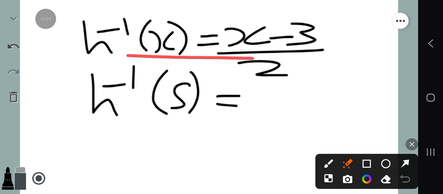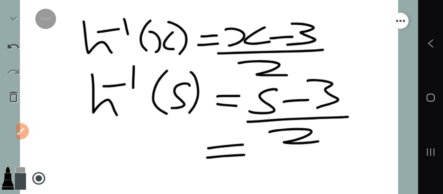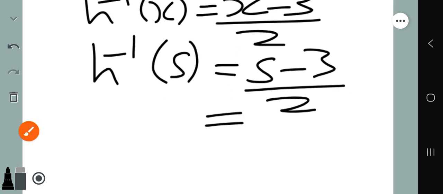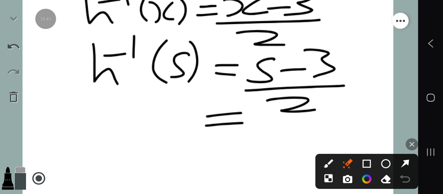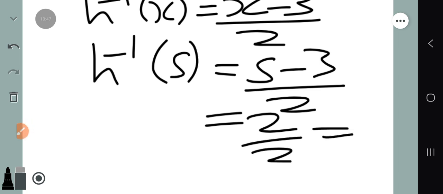In this same inverse that you found, where there is x, you are going to put 5. Simple stuff, eh? So we are going to say 5 minus 3 over 2, right? So what is 5 minus 3 over 2? 5 minus 3 is 2, over 2. And what is 2 over 2? The answer is 1. So the answer to this question is 1.